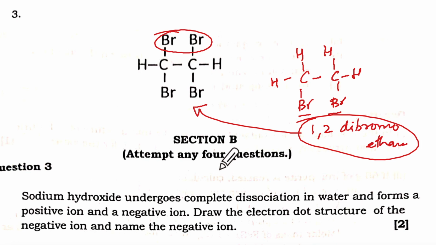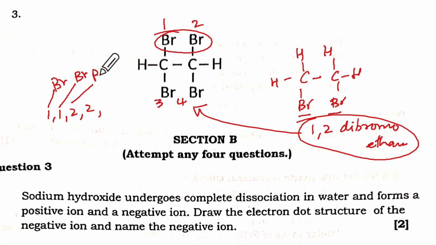Ma'am, won't it be then 1, 1, 2, 2 dibromoethane? How dibromo? There are 1, 2, 3, 4 bromines, no? See, when you say 1, 1, 2, 2, you're giving the position of one bromine, then another bromine, then another bromine, and then another bromine. You are mentioning there are 4. Then how can you say dibromo here?